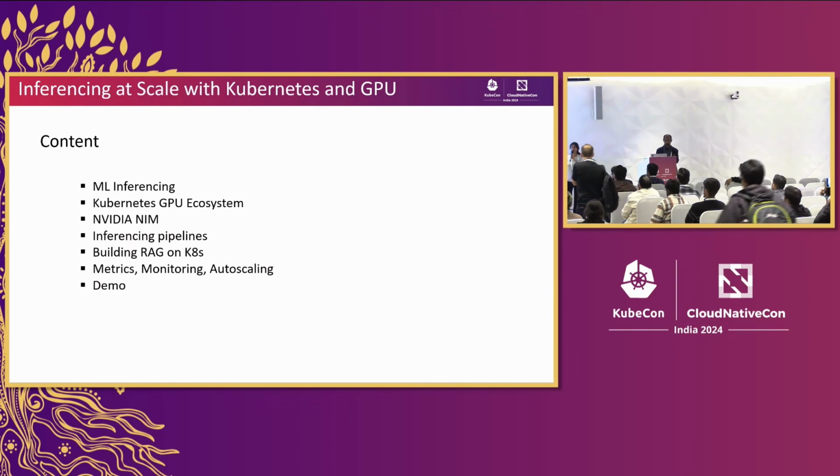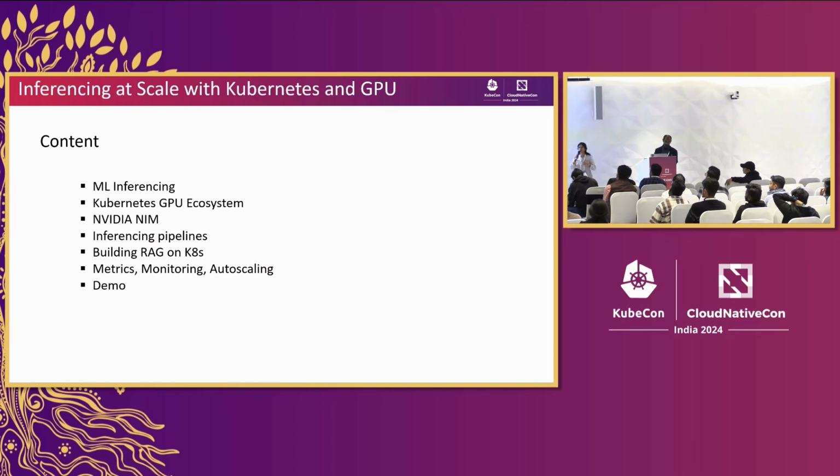So bear with me. We are going to take an example of a RAG pipeline implementation and show how that can scale on Kubernetes using GPUs. That will be achieved through our NVIDIA GPU ecosystem on Kubernetes.